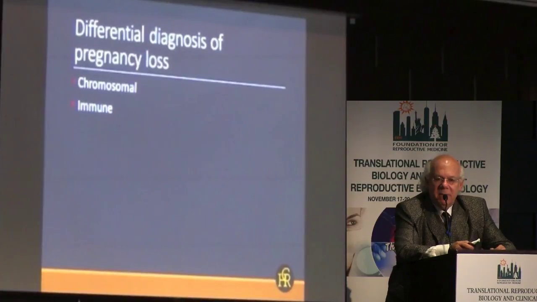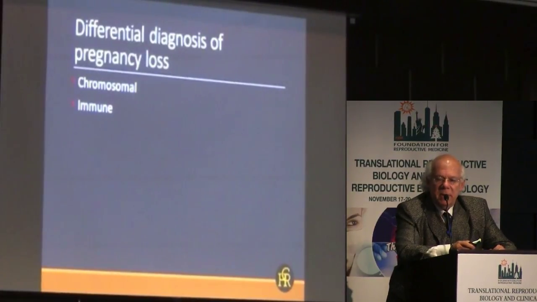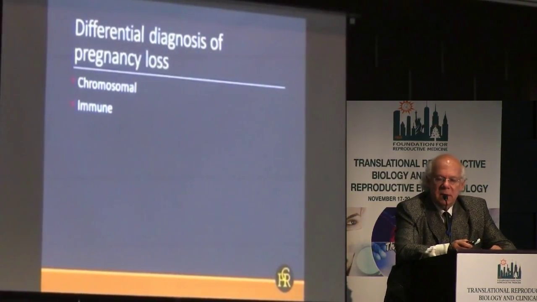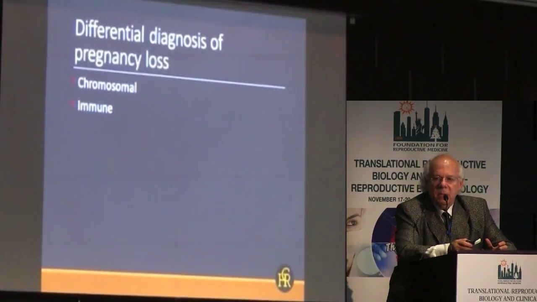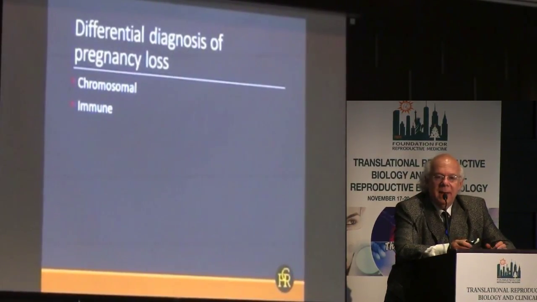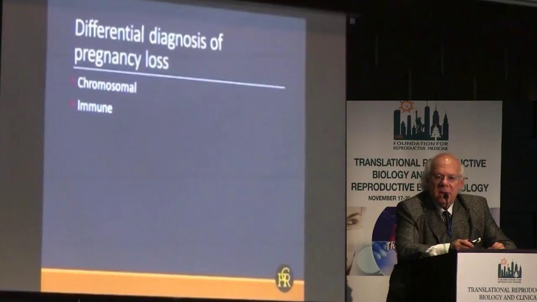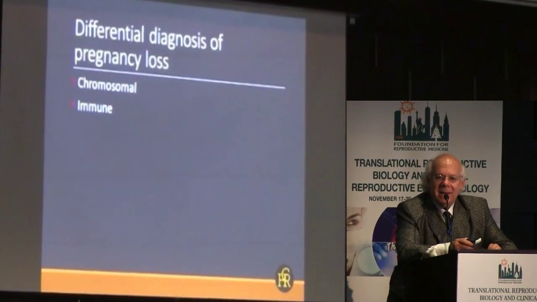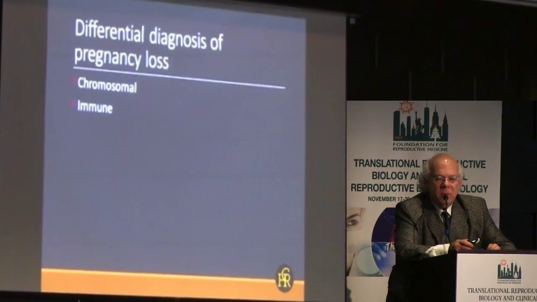But it makes an even bigger difference whether the pregnancy loss is very early or very late, because even though at any point the most frequent cause of pregnancy loss is chromosomal, the later the pregnancy loss, the less likely statistically is it chromosomal, and the more likely is it immune.